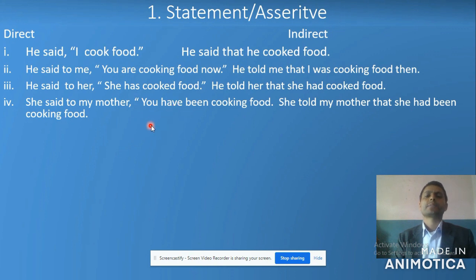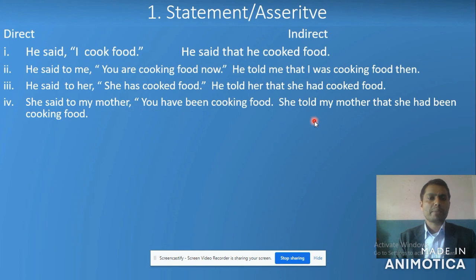You is a second person pronoun, so it changes according to the object. The object here is mother, so that we write here.